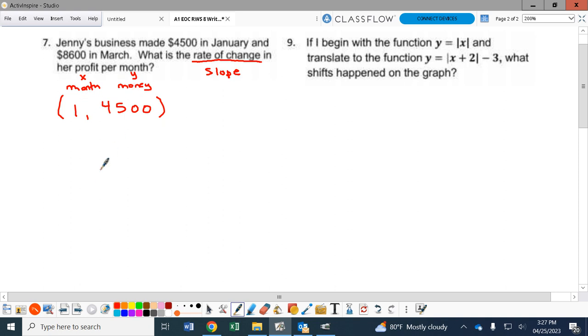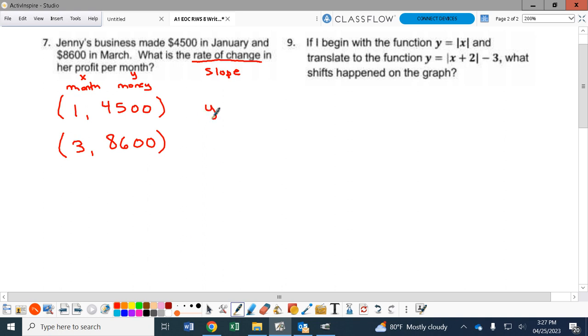Month and money. For the second one, it's going to be March. March is the third month, and their amount that they make is $8,600. They want to know what the rate of change is based on that. So we're going to set it up so that we can do y minus y over x minus x.